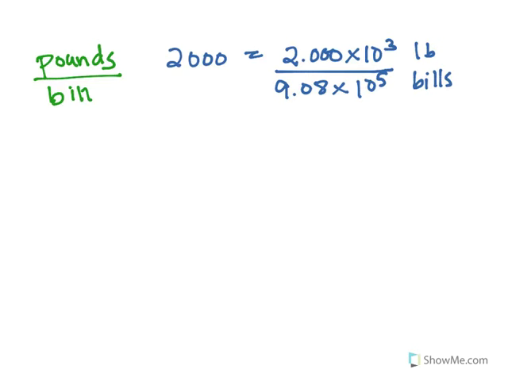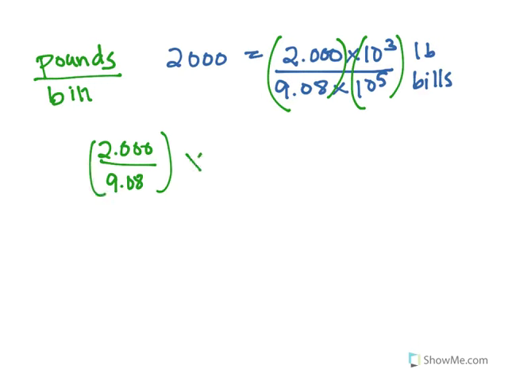So now we're going to again regroup. We're going to put the numbers together for this division problem, and we're going to put the 10 bases together. So I'm going to rewrite that over here. 2.000 divided by 9.08 times, and this sign still is a times, 10 to the power of 3 divided by 10 to the fifth.